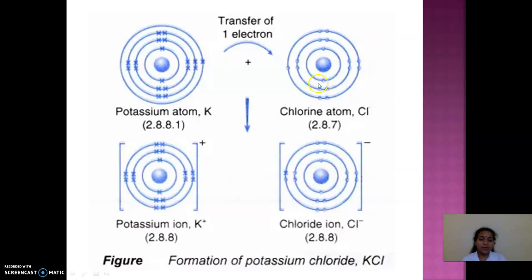Then what about chlorine? Chlorine accepts 1 electron, so it will become 2, 8, 8. It also gets argon's configuration, with 8 electrons in the valence shell. So it is also stable. This is one method, that is transfer of electrons.